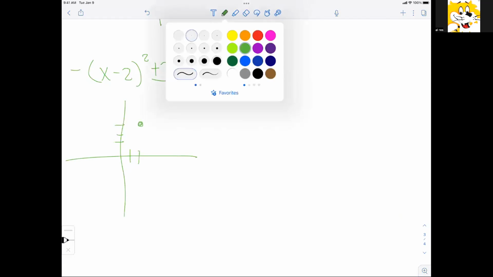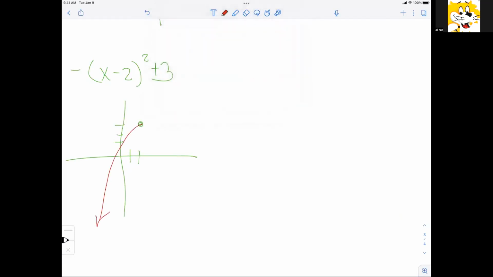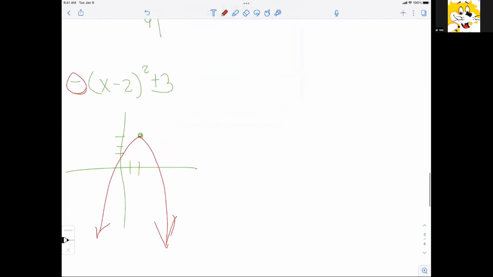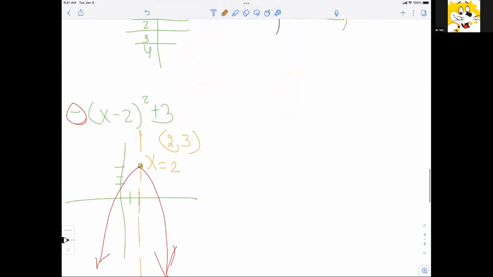But guess what? Instead of pointing up, it's going to be pointing down. Why? Because I have a negative in front of my function. It's going to go down. My axis of symmetry is still the same. X is equal to 2. What's my vertex? 2, 3. We did this before, but this is now a negative.